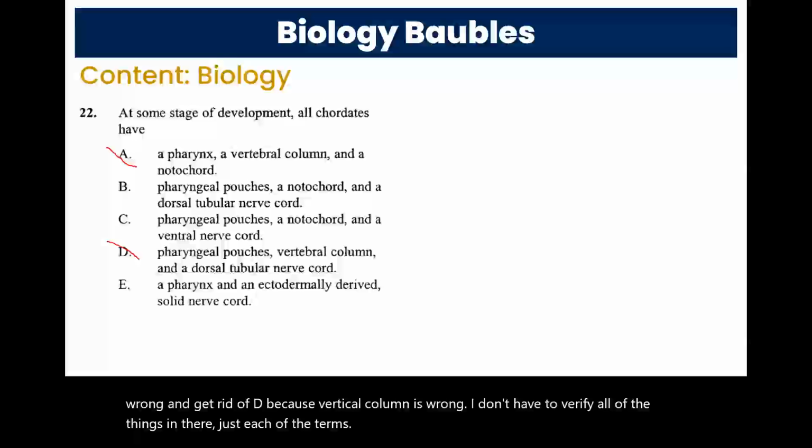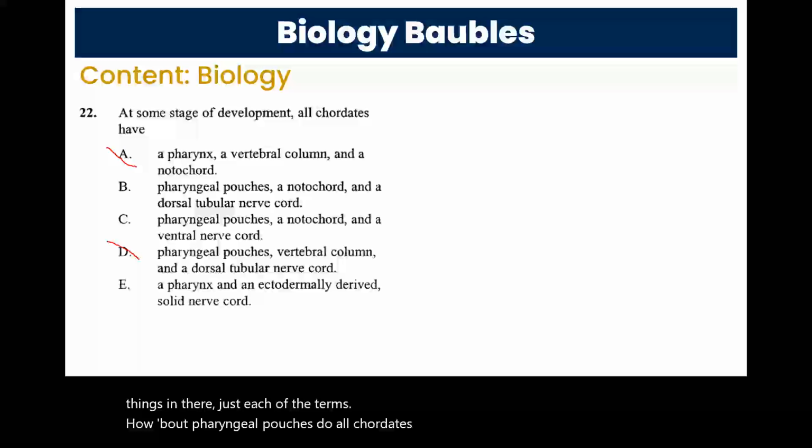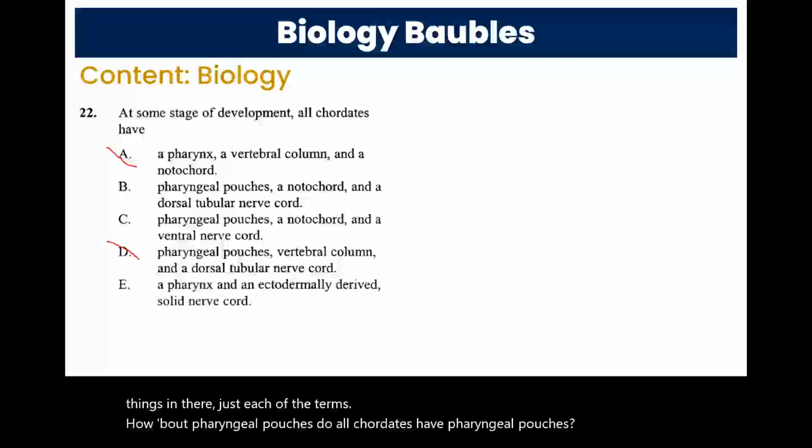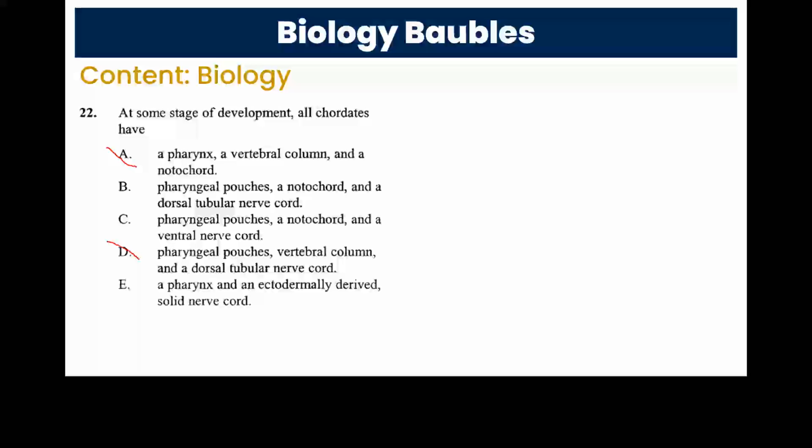How about pharyngeal pouches? Do all chordates have pharyngeal pouches? I wouldn't get rid of E just because B and C are similar.